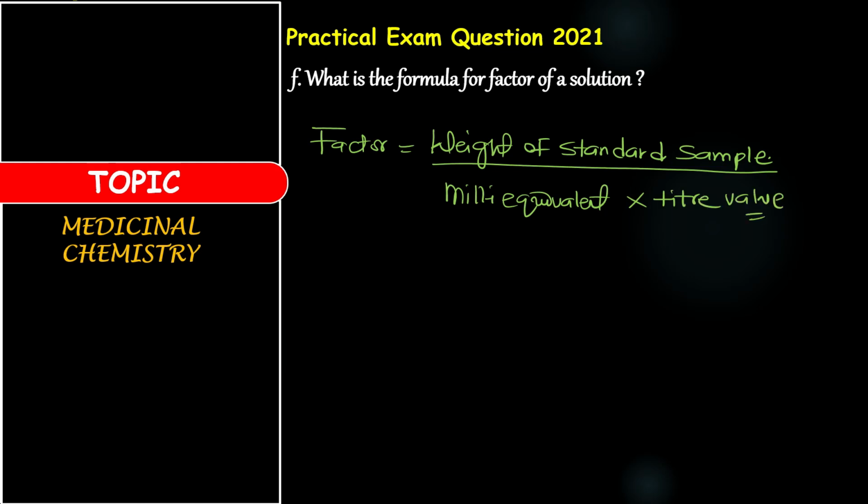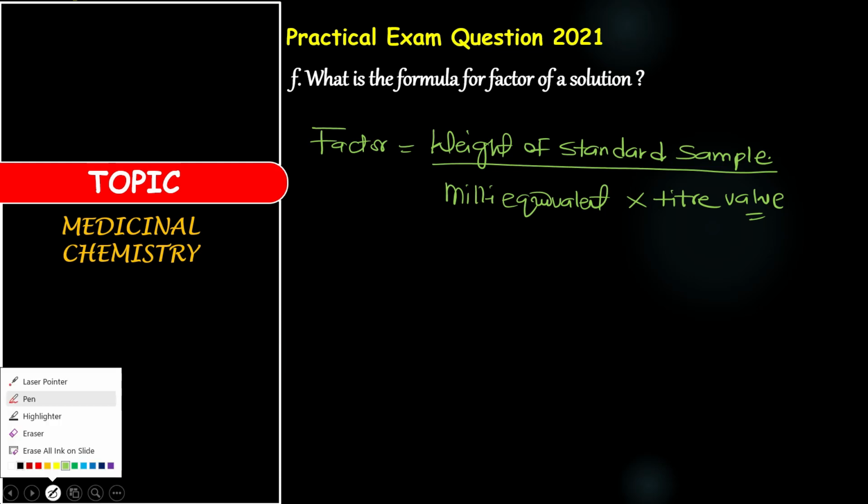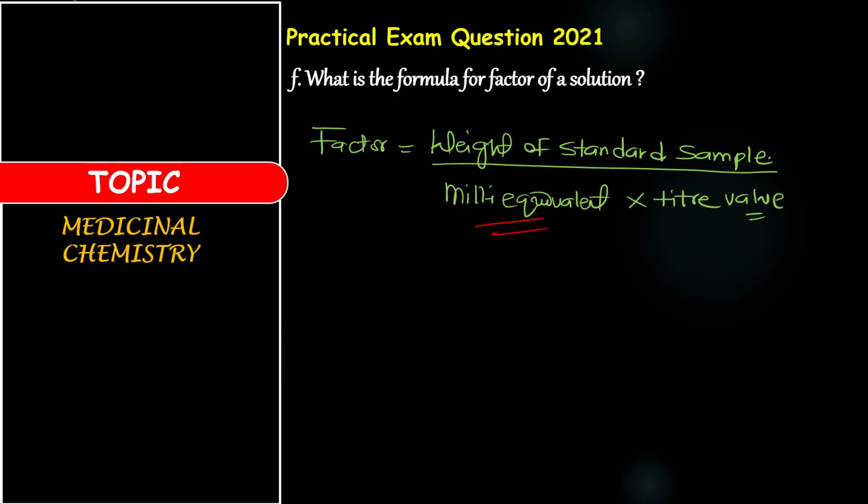Weight of standard sample all over milli equivalent times titer value. All right, that is the formula for factor. You know what the milli equivalent is, then you know what the titer value in mil.